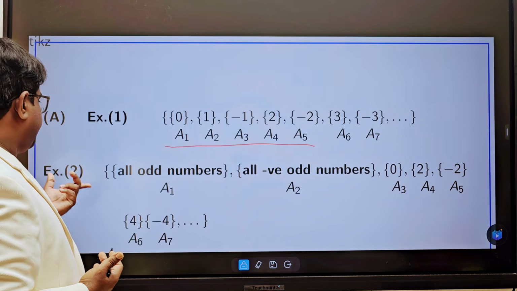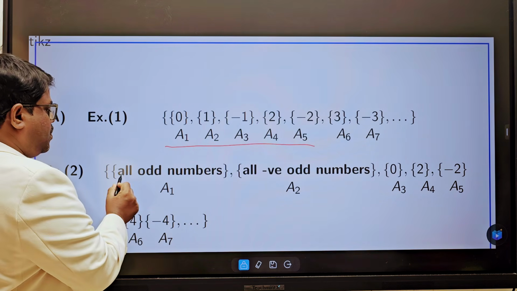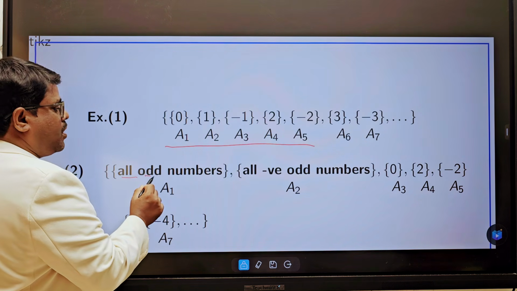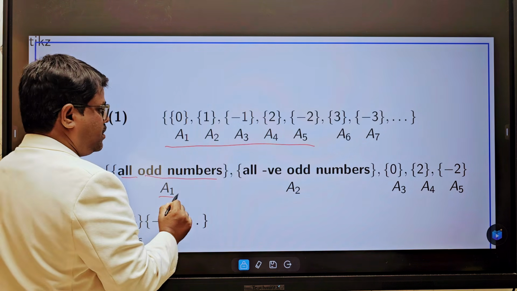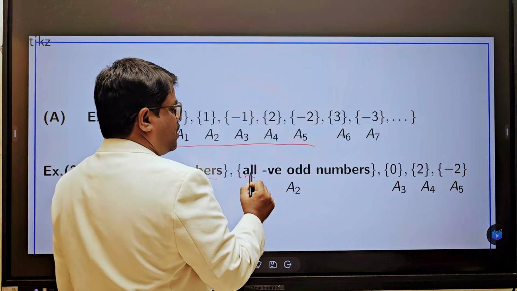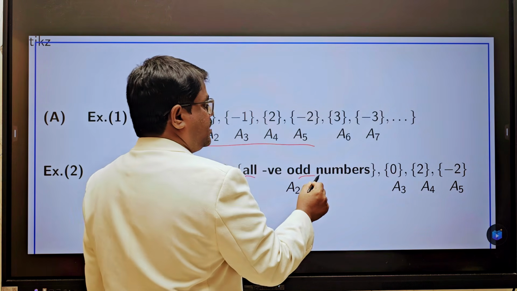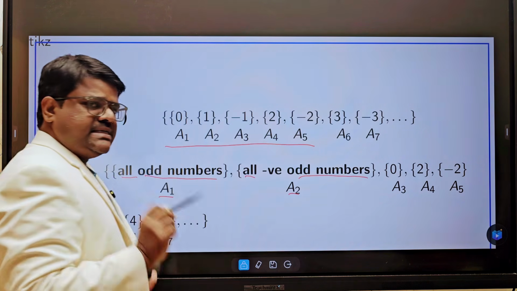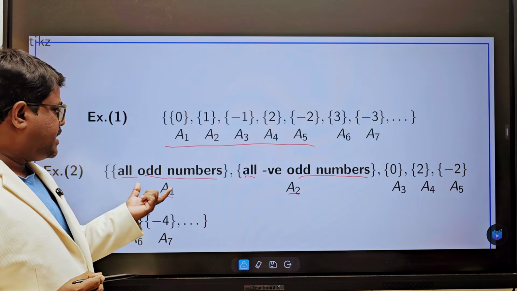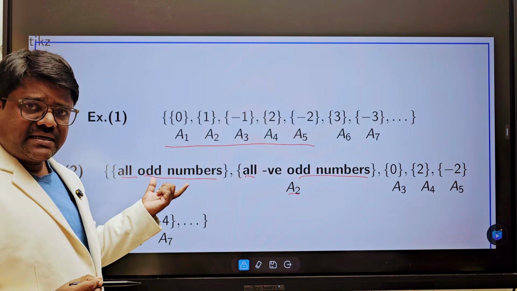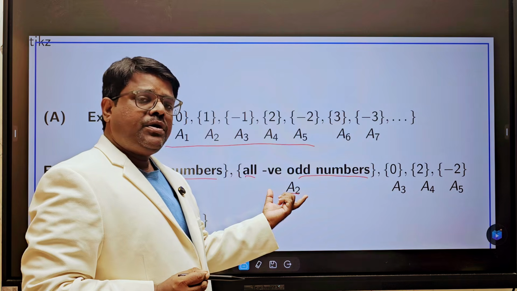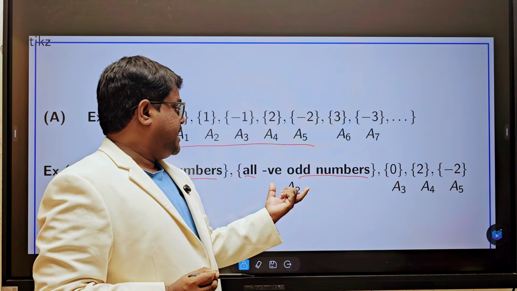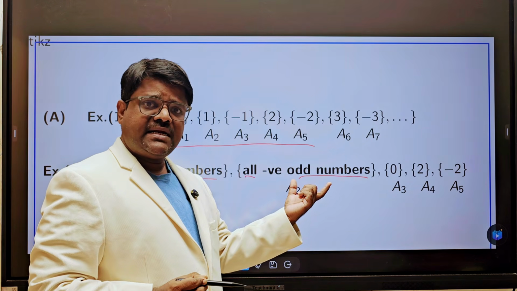You can see here, Example 2. A1 is all odd numbers, A2 is all negative odd numbers. Listen carefully. In A1 I have taken all odd numbers. This is an infinite set. A2 I have taken all negative odd numbers. This is an infinite set.